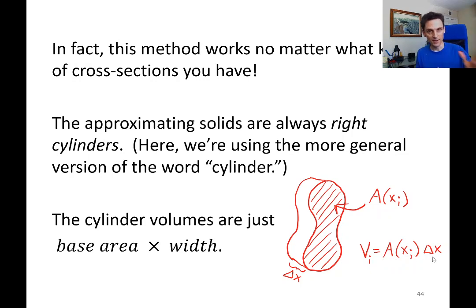It'll be the base area times the width. This is something you can remember when you remember the right circular cylinder formula. You think of the area of the circle, pi r squared, and then times the height. It maps out the whole cylinder. It's the same thing in general, for the general version of the word cylinder.